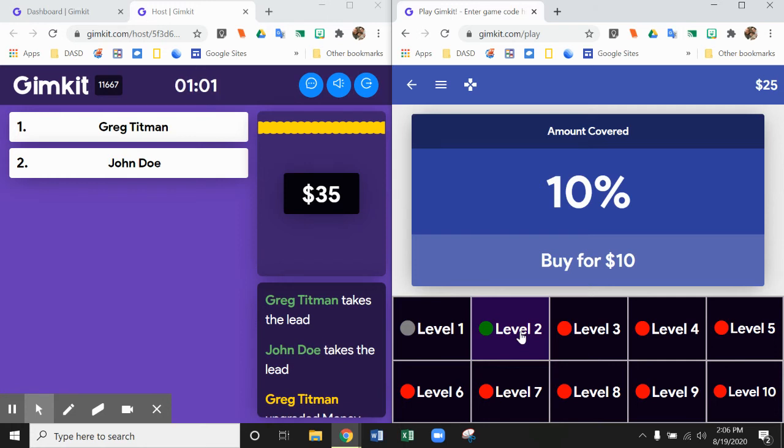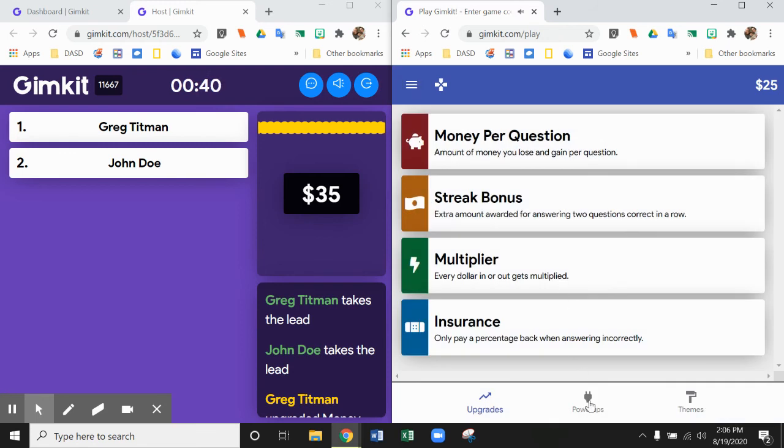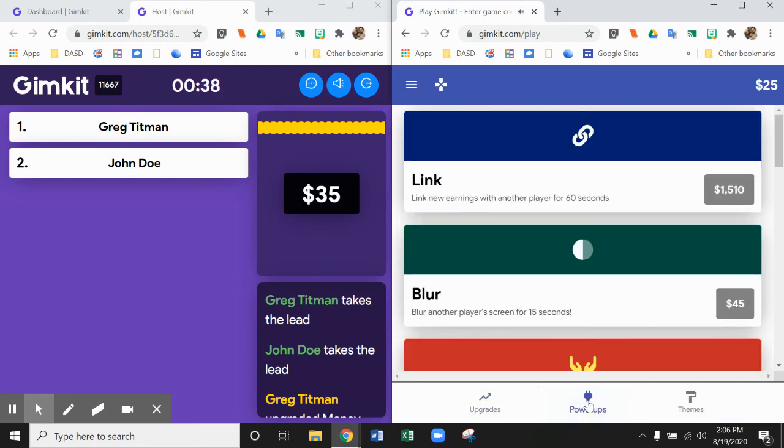If you were getting $10 for each correct answer and you had this insurance purchase, this level 2, and you got a question wrong, instead of losing $10, you would only lose $9. To me, these are probably less useful, especially if you know the content well. But if you don't know the content well and you're worried you're going to get some wrong, you might want to buy the insurance.